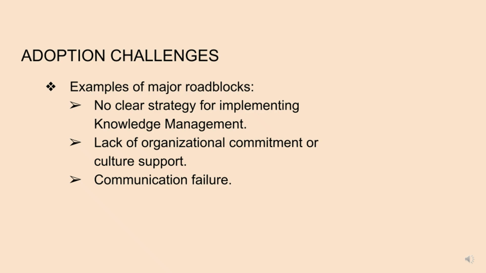Another one is a lack of organizational commitment or culture within the organization that wants to implement knowledge management. Another big thing to be aware of when you're dealing with a team is communication failure that inhibits the effective passing of knowledge, and that includes the ability to onboard other people into the maintenance of the knowledge management system.